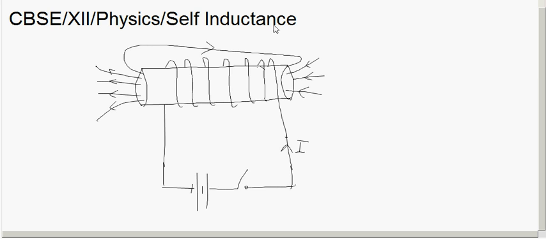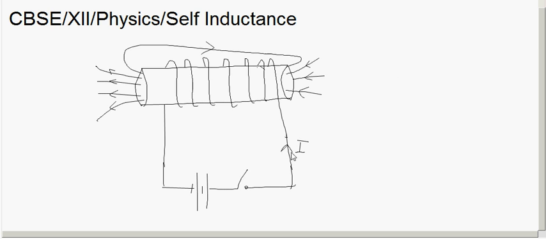Now what happens if we change the current, or if we slowly reduce the current, or if we increase the current, or we quickly switch the battery on and off? We know that when the current changes in the coil, the magnetic flux also changes, because the strength depends upon the current. B is mu naught N i, so the magnetic field is proportional to current.